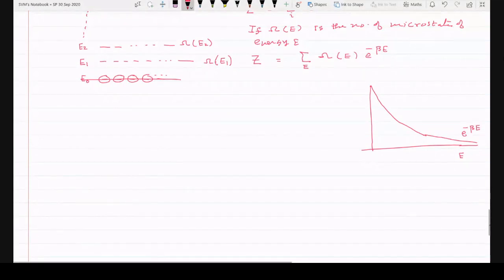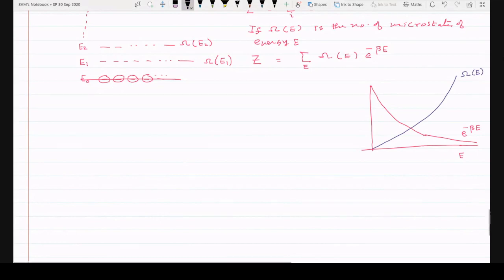On the other hand, if you look at this term, you know that as the energy increases, its degeneracy will always increase. That means this term will be an increasing function like this. This will be omega. Now the product of these two terms: as energy increases, the product goes to 0 because of the exponential, and as energy decreases, it goes to 0 because of omega. So the product of these two is always a peaked function.